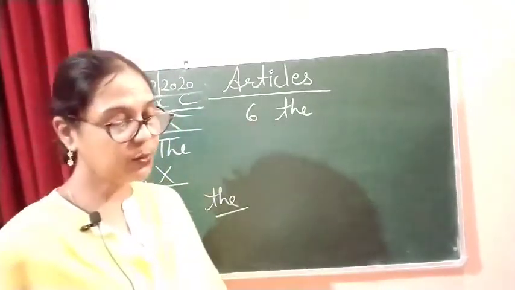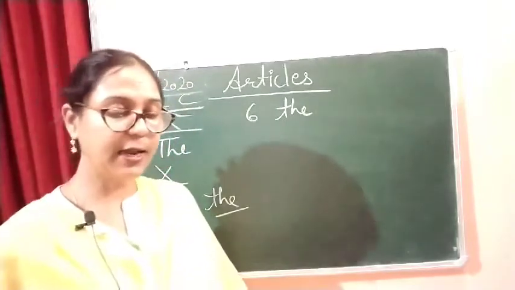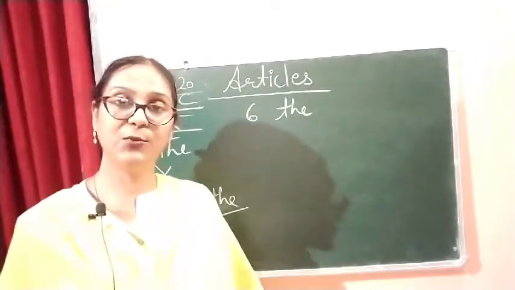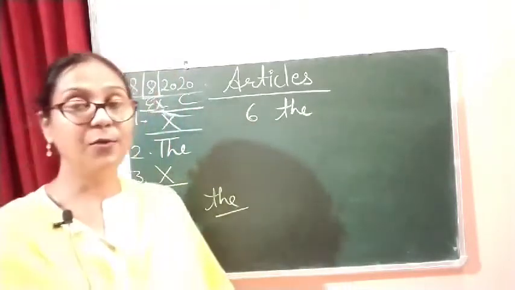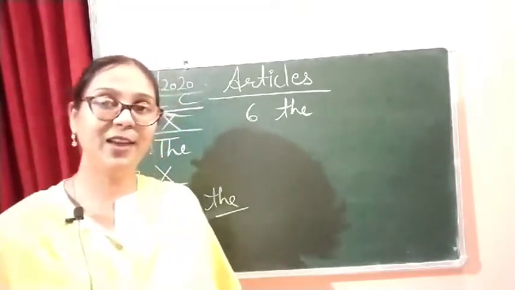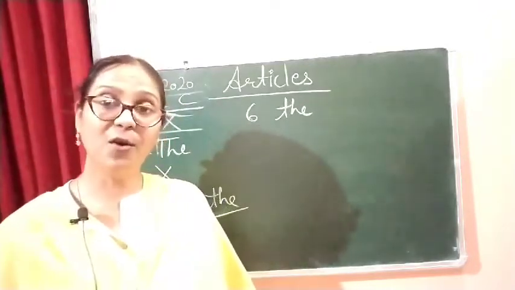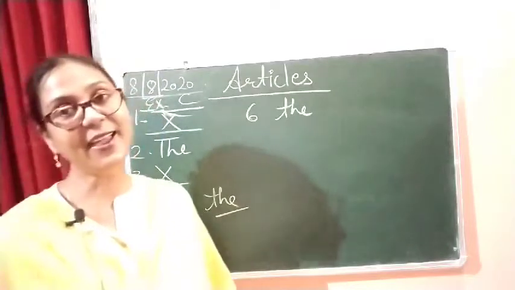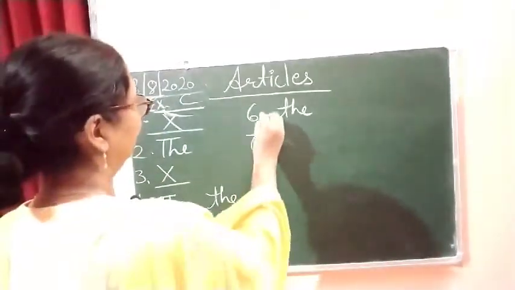Now we are moving to 7 number. Dash New York Times is an American newspaper. This is a famous newspaper of America, so we are going to write the over here, and it is the name of a newspaper also.